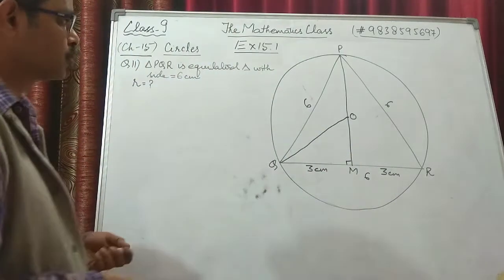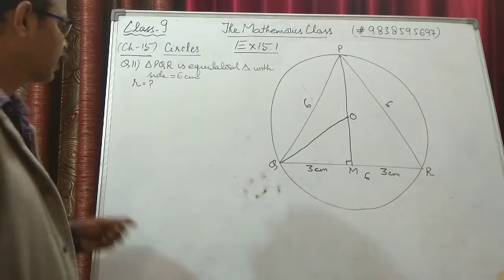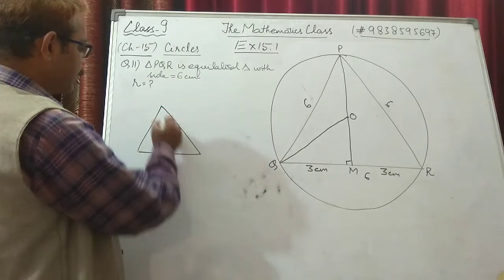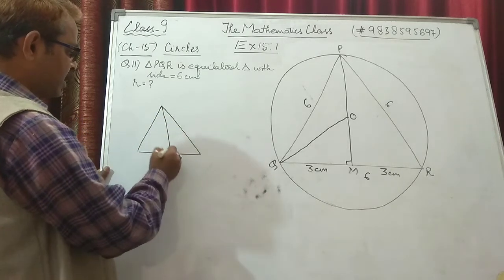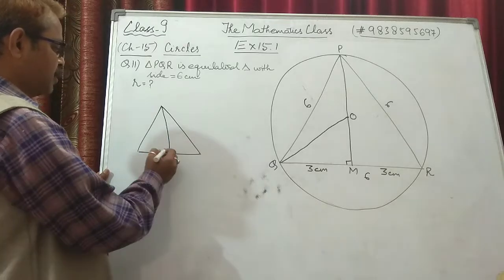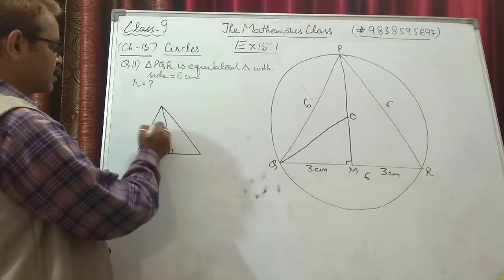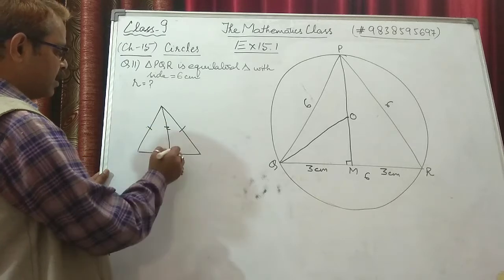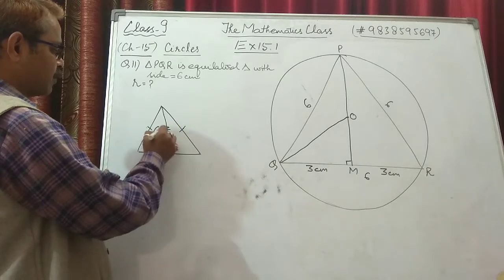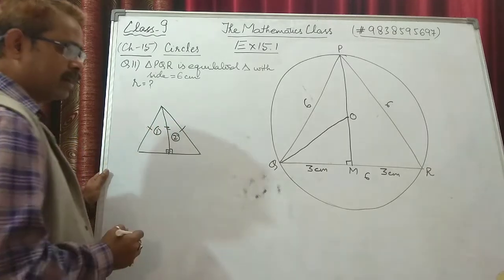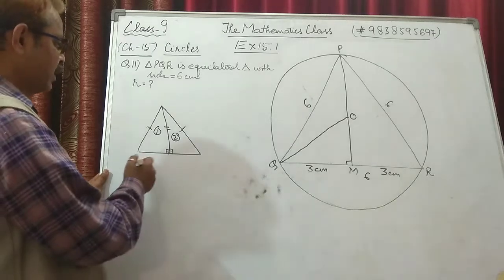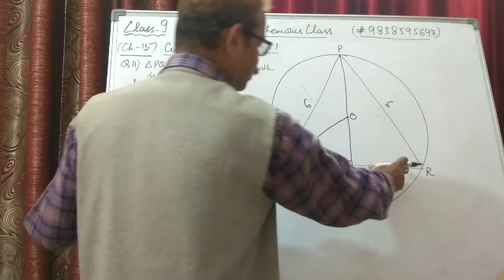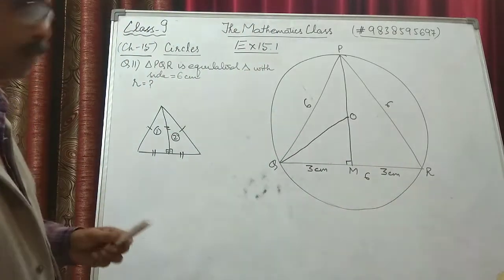Also, in an equilateral triangle, if we draw a line perpendicular to the base, this is 90, this is 90, this side is equal, and this is common. Right angle, hypotenuse, side: triangle 1 and triangle 2 are congruent. If these triangles are congruent, this and this are equal. So this is 3 centimeters and this also comes out to be 3 centimeters.